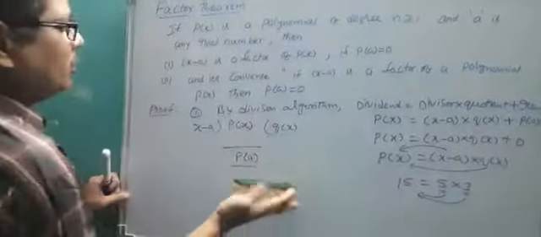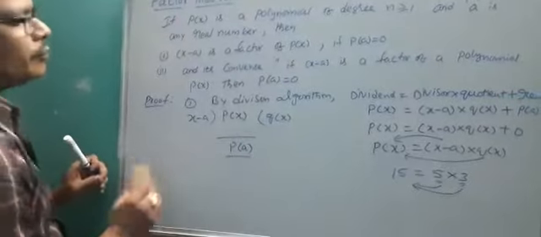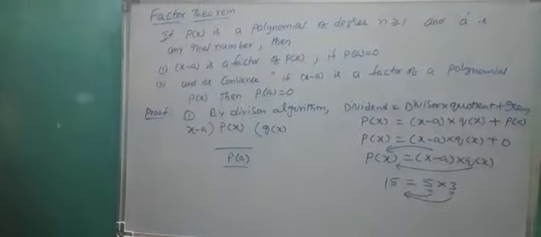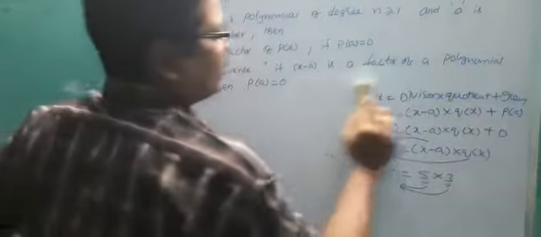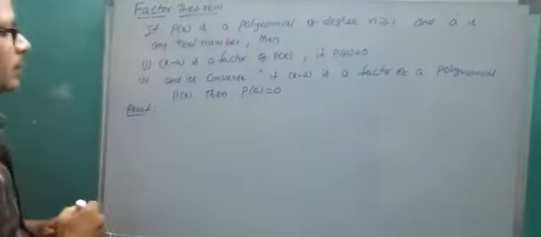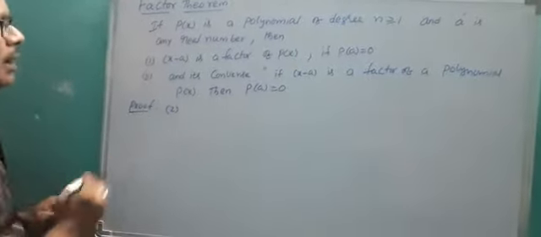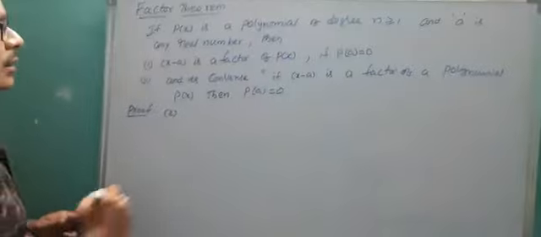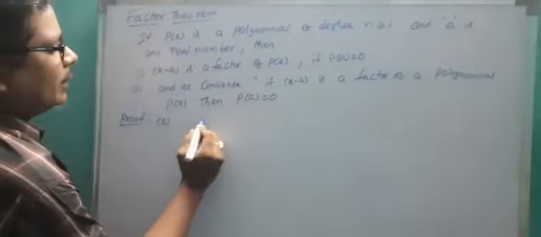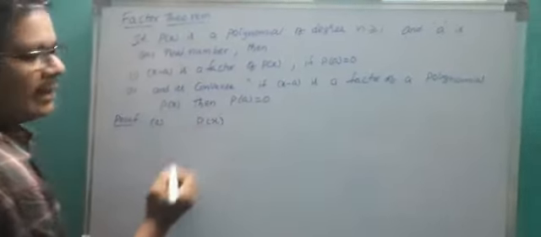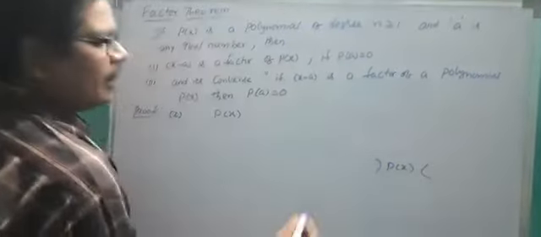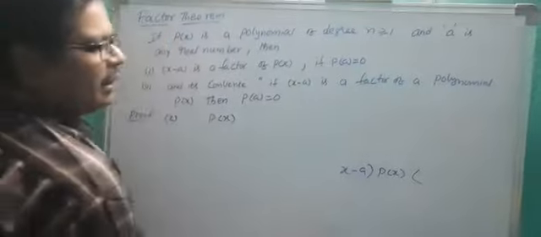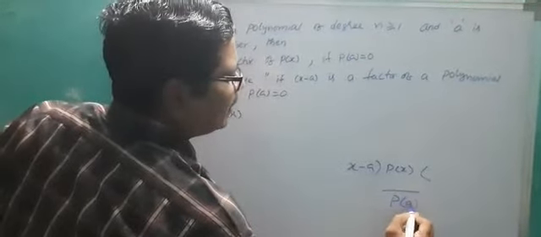Now the proof of the second one, the converse. Here the dividend is p of x. It is divisible by x minus a, then the remainder is p of a.